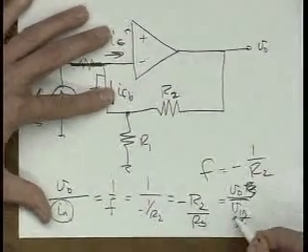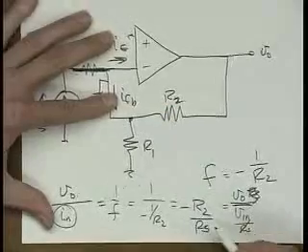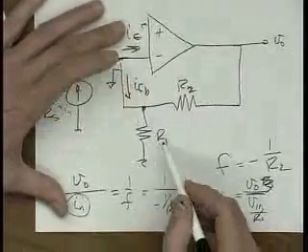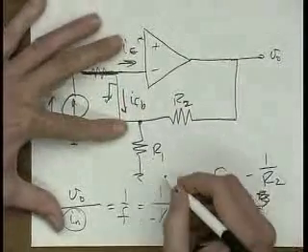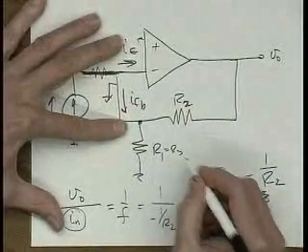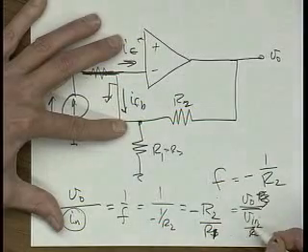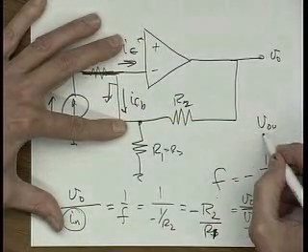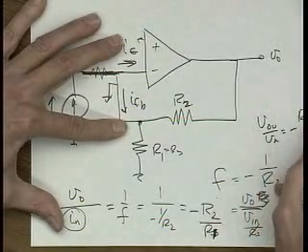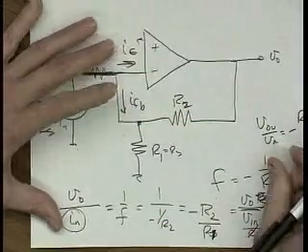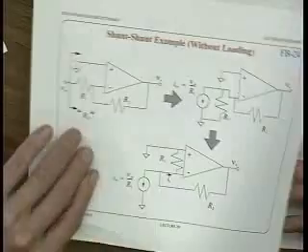So V out over V in equals minus R2 over RS, or R1, I guess, right? I'm sorry. This was my RS, so this is R1. So V out over V in equals minus R2 over R1. It gets back to this problem here.